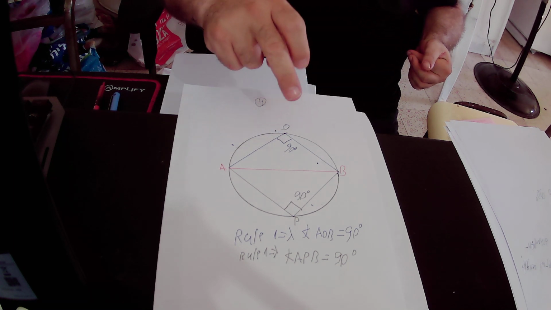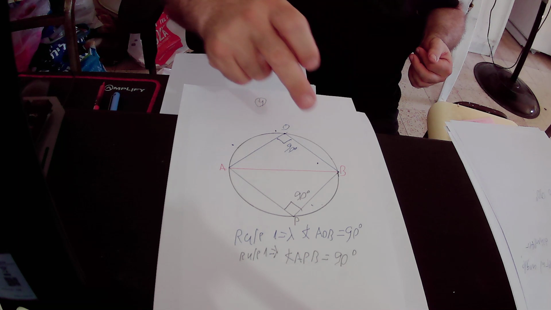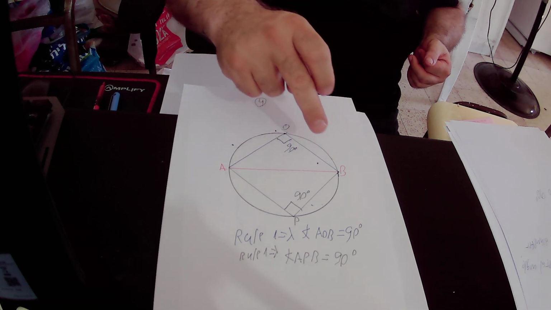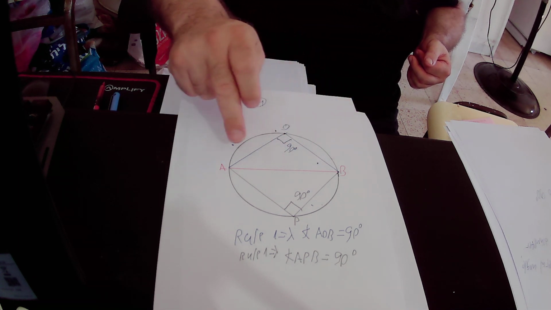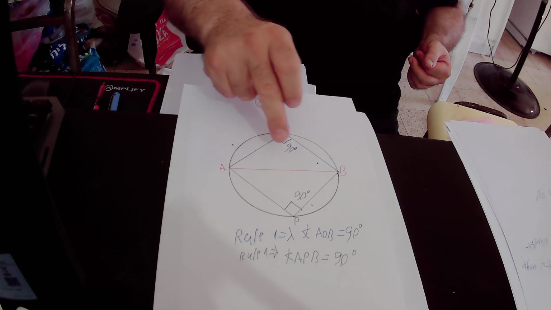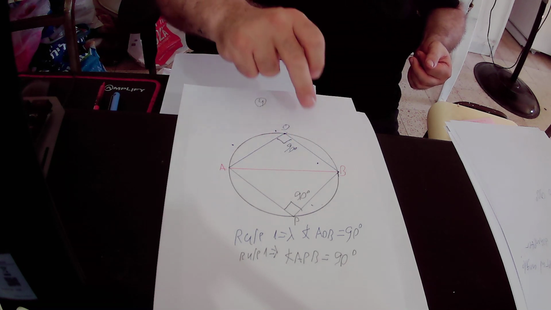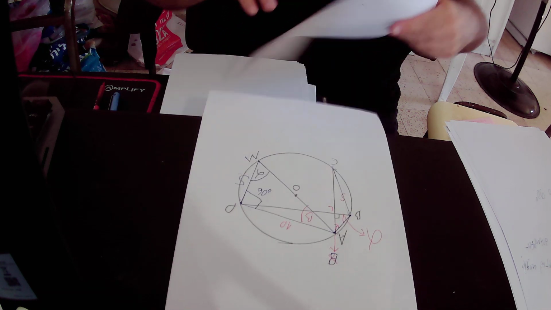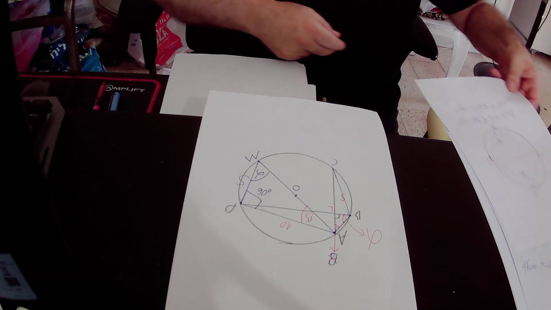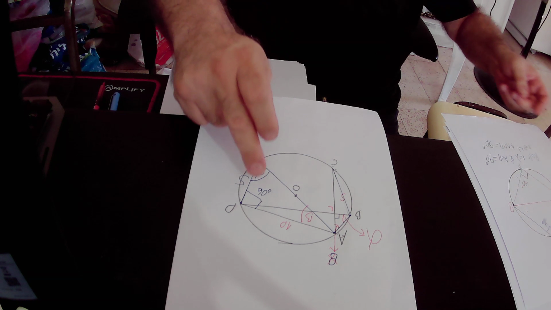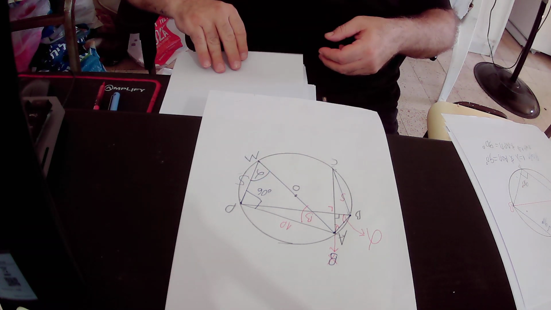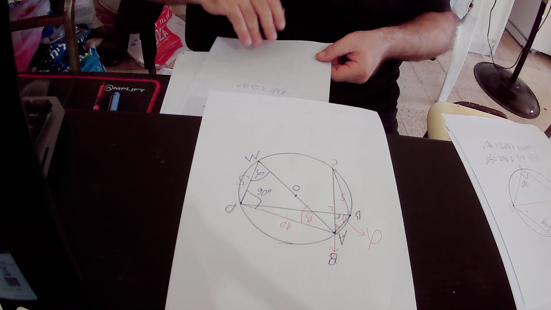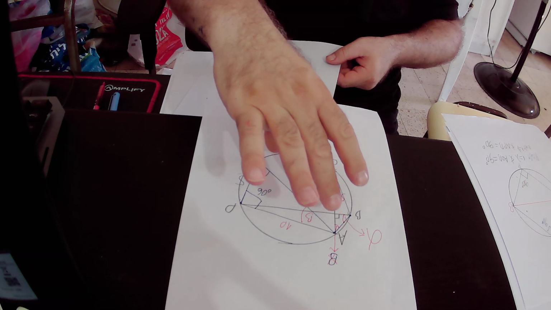And for the same reason also angle APB that rests on the diameter AB of the circle also equals 90 degrees according to rule number 1. Okay, so angle ADM equals 90 degrees according to rule number 1, because it rests on the diameter of the circle.